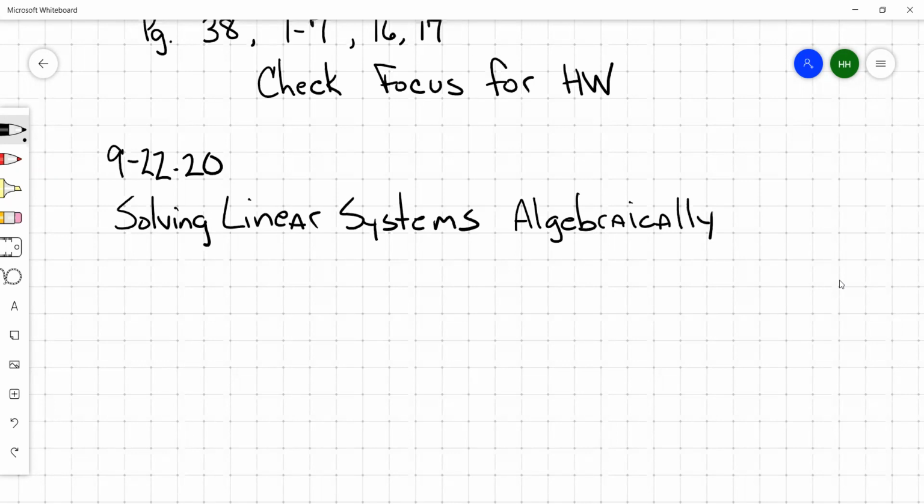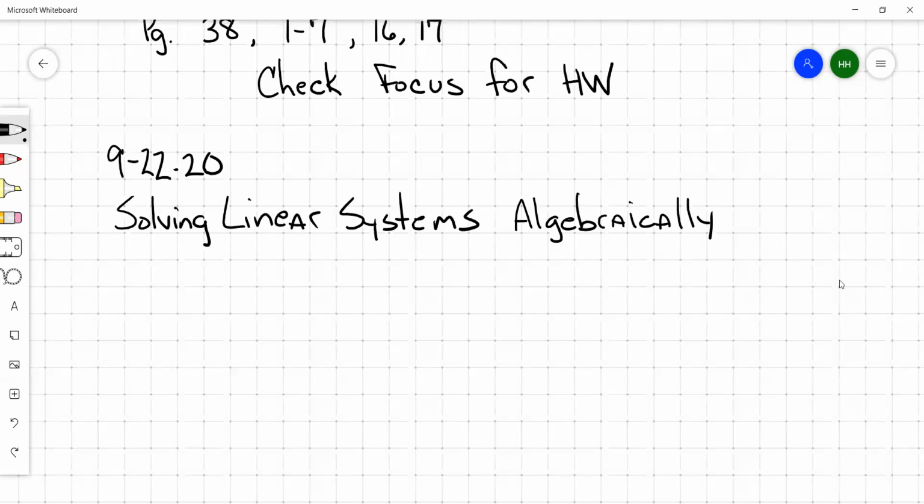Solving linear systems algebraically kind of means using algebra to solve a system. A linear system is when you've got more than one equation and you're solving for your variables. All right?